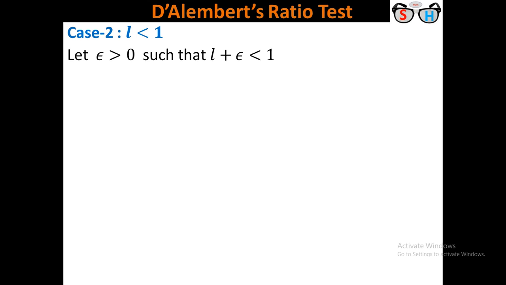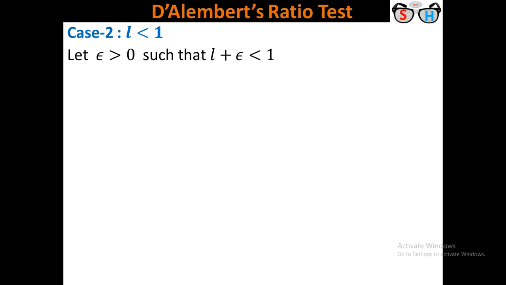Actually, there is also another trick. You can add or subtract epsilon from L. If you subtract epsilon from L, then L minus epsilon is obviously less than 1, so in that case you have not needed to assume L minus epsilon less than 1.